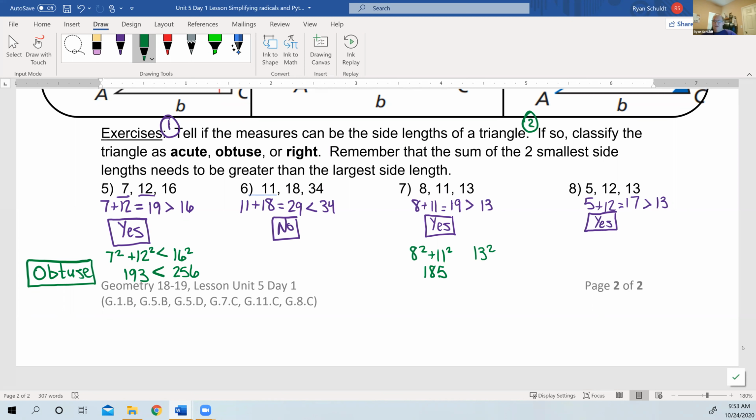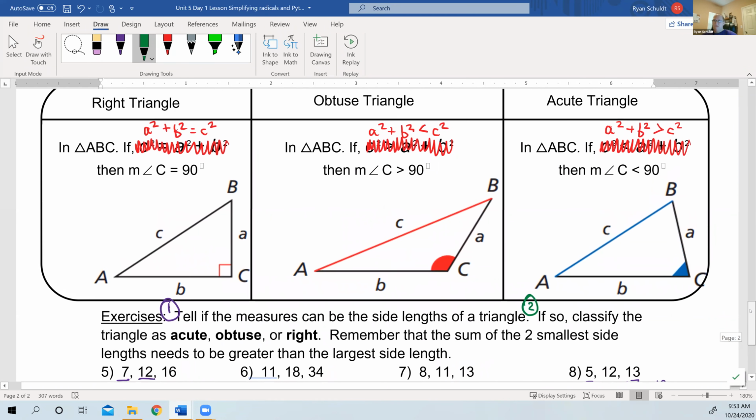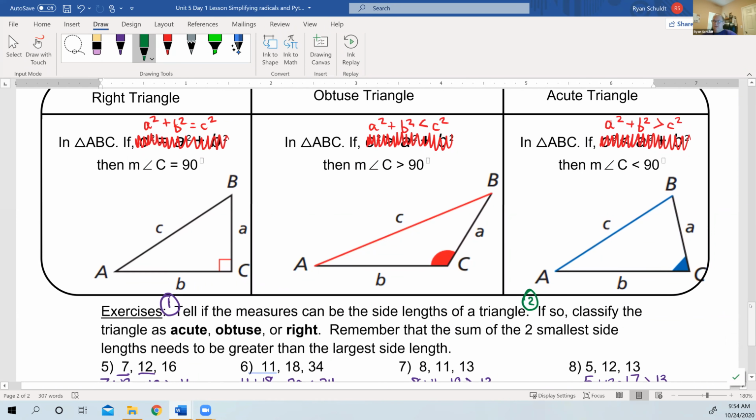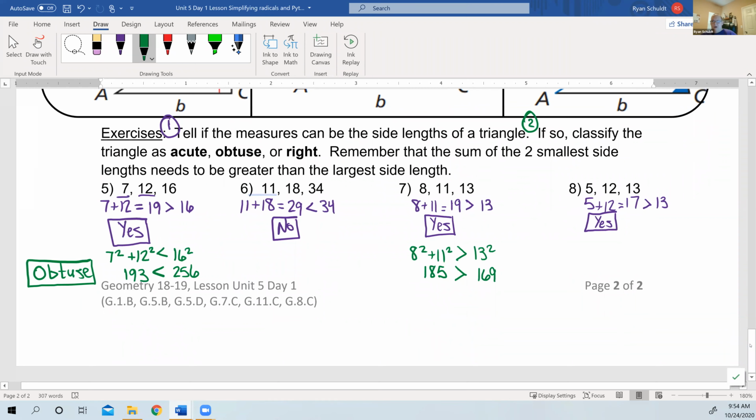What is 13 squared? 169. Which one's bigger? 185 is bigger. So which one has a squared plus b squared being the bigger number? This one, the acute triangle. So we are acute right here.